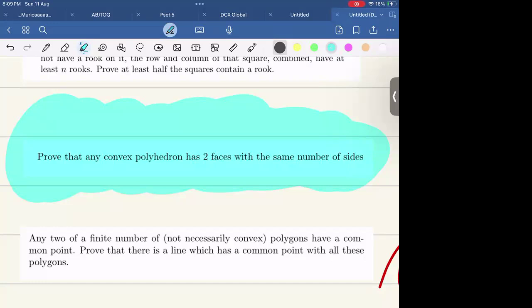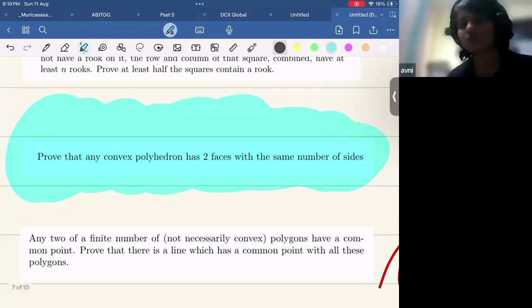So in general, if the maximum number of sides is n, we want to have n pigeonholes from 1 to n, right? But then there's another neat observation about polyhedrons. Each face has to have at least 3 sides, right? I can't have 2, because each face is a polygon, and a polygon needs 3 sides or more.